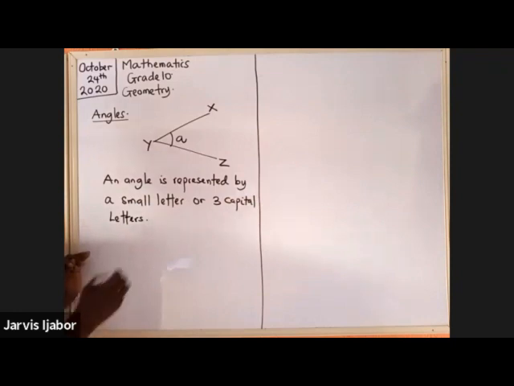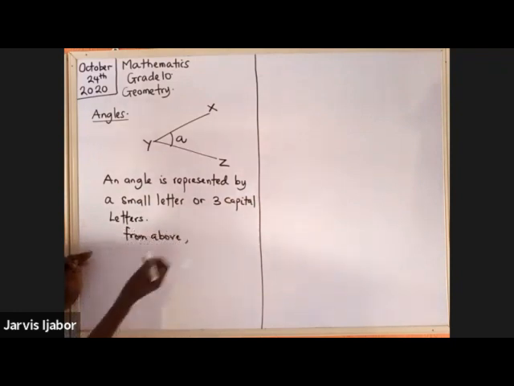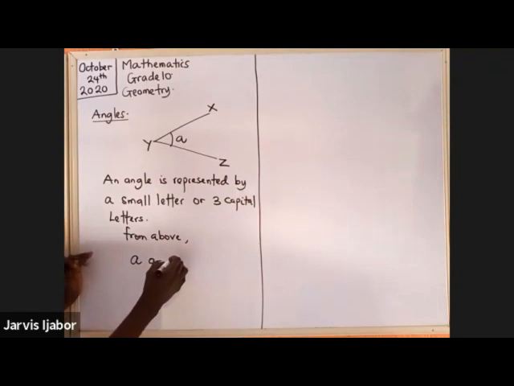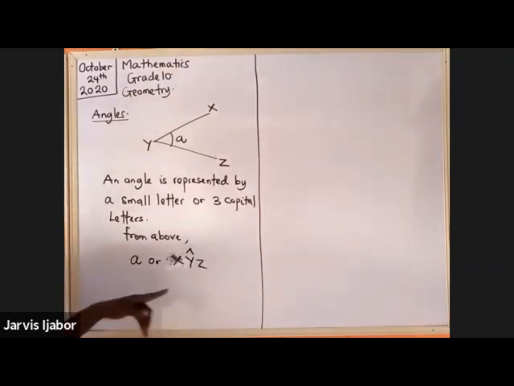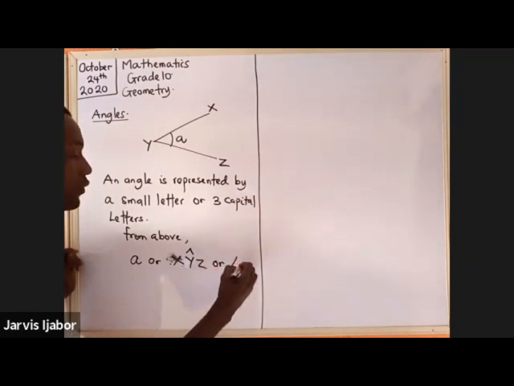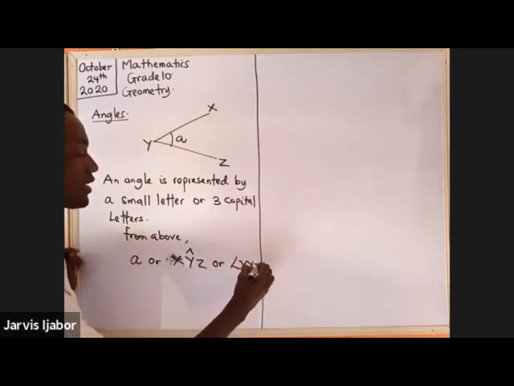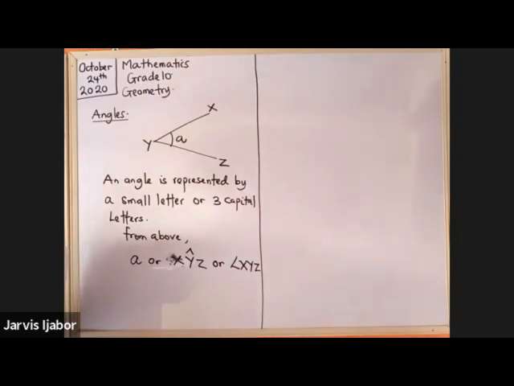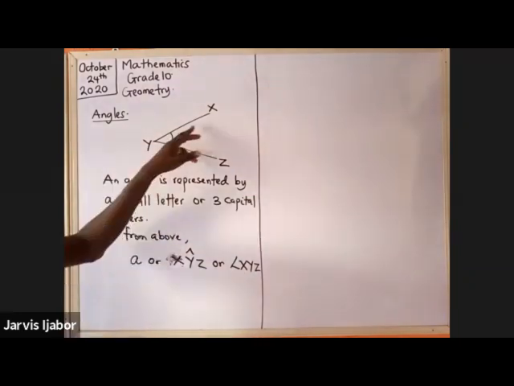Three capital letters from above, we're going to have the angle A, or X, Y, Z. Now there are different ways we can write this. We can put a cap on top, meaning angle X, Y, Z, or you can simply say angle X, Y, Z. These are two ways you can represent this angle.